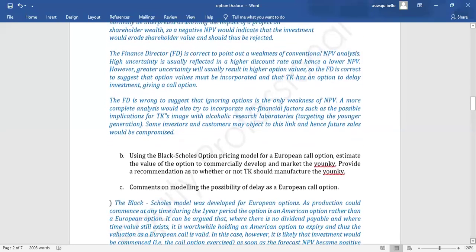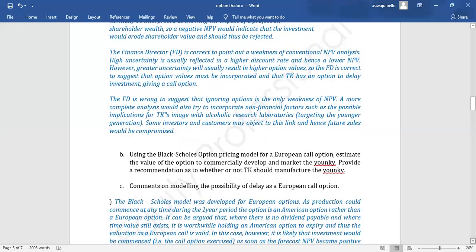The B part. Using the Black-Scholes option pricing model for a European call option, estimate the value of the option to commercially develop and market the Yankee.